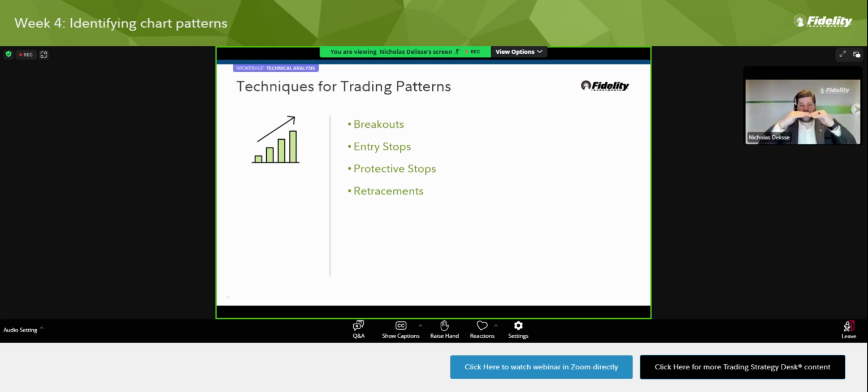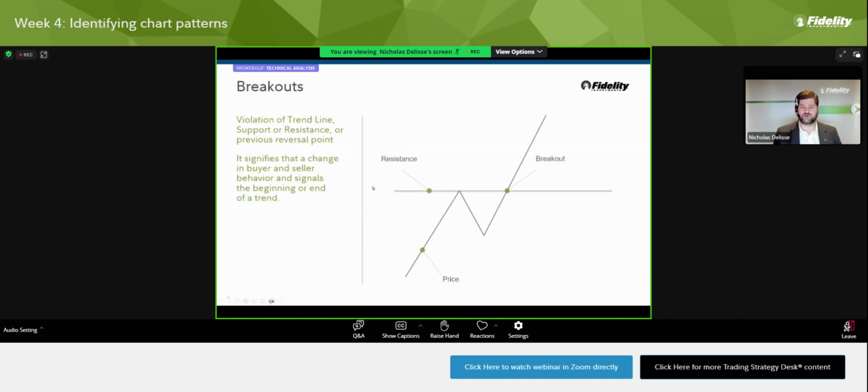So think about, you have a resistance point. Here's a great example of this. You have a resistance, and the stock comes up and resists, not wanting to go through, resists here, pulls back, and then comes again, but this time breaks through.